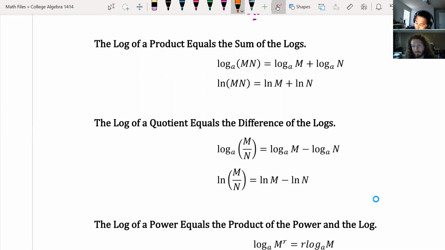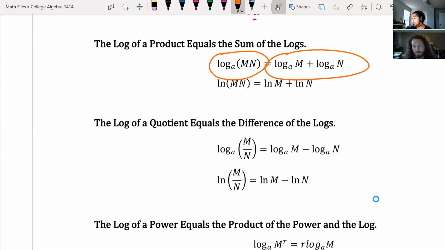So if you have the log base a of m times n, then you can take the product that's inside the log and split it into multiple logs by addition, the sum of multiple logs. So log base a of m times n becomes log base a of m plus log base a of n.